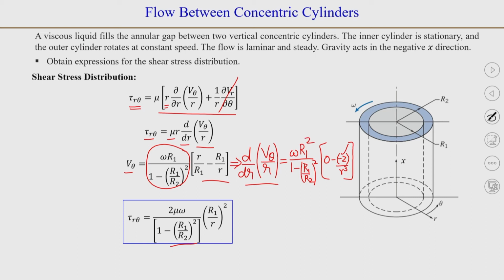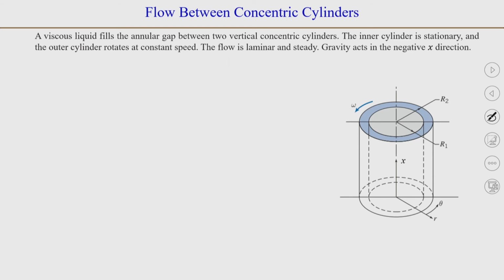So, this should have been r 1 squared. So, you will have r 1 squared divided by small r squared, because one of the r will get cancelled when you multiply by this r. So, that is the expression for tau r theta, or the shear stress in between the two cylinders as a function of r. Now, we will just look at the expression here, which is for the velocity, and try to simplify it with some assumptions.